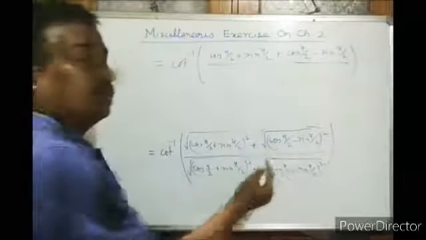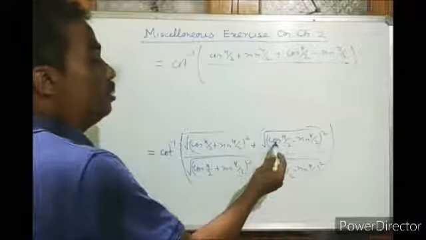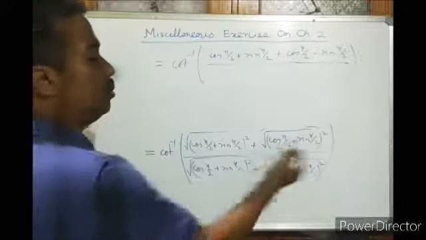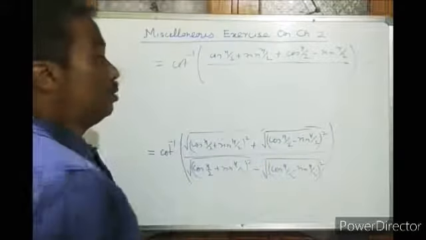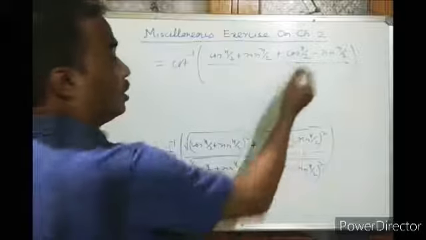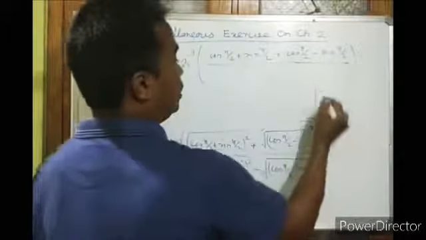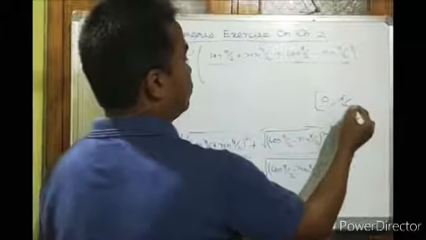Some student may say that it may be sin x by 2 minus cos x by 2, but it will not be, because cos x by 2 minus sin x by 2 is positive in this interval 0 to pi by 4.